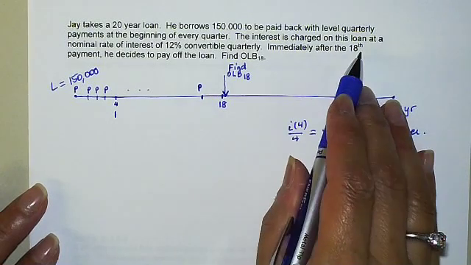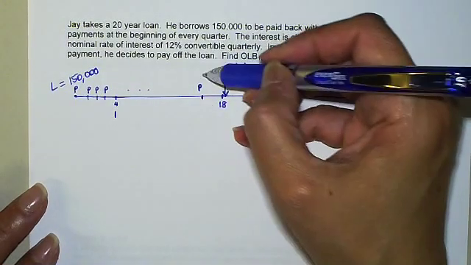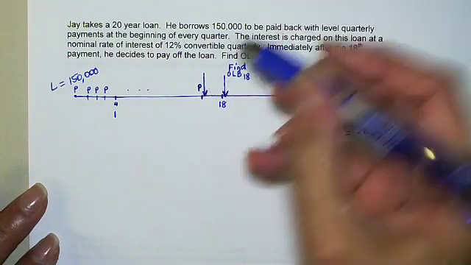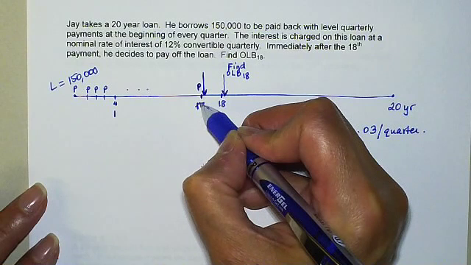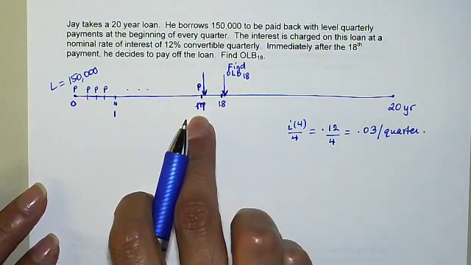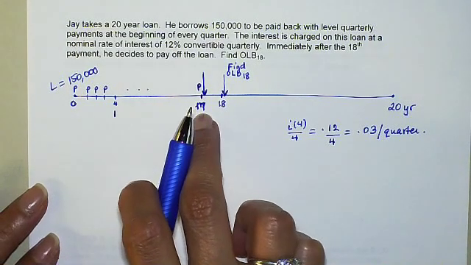This is the 18th payment. But they're asking you for OLB 18. The question says find OLB 18, but it says immediately after the 18th payment, he decides to pay off the loan. So actually he's paying off the loan here.